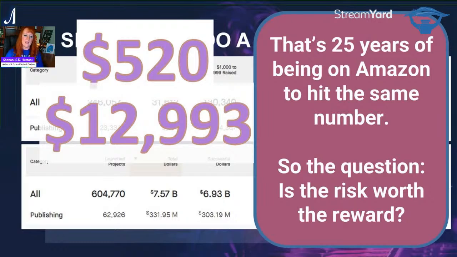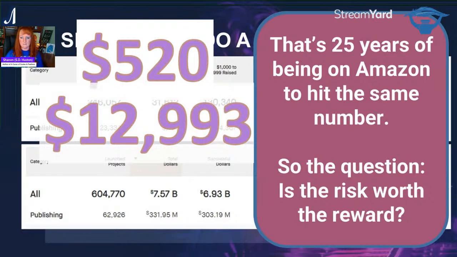If the average you make from a Kickstarter campaign for a publisher is 12,000 compared to 520, that's 25 years of being on Amazon before you hit the same number. Again, you may not hit that $12,993 with your campaign, but you also may not hit that $520. Most authors, from what Amazon has said, sell less than 250 copies of their ebooks.